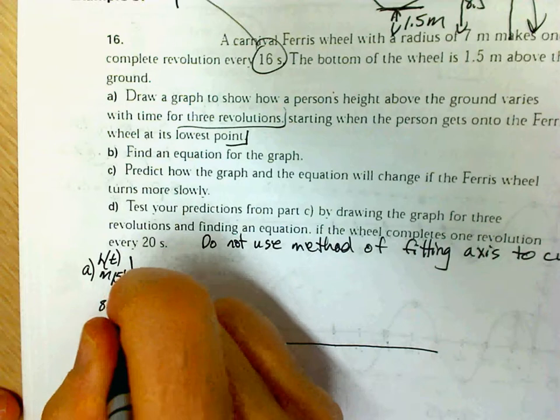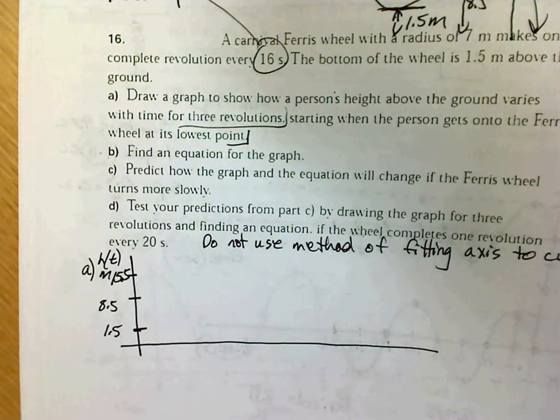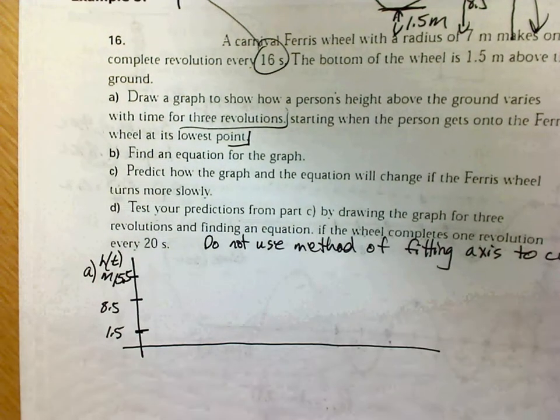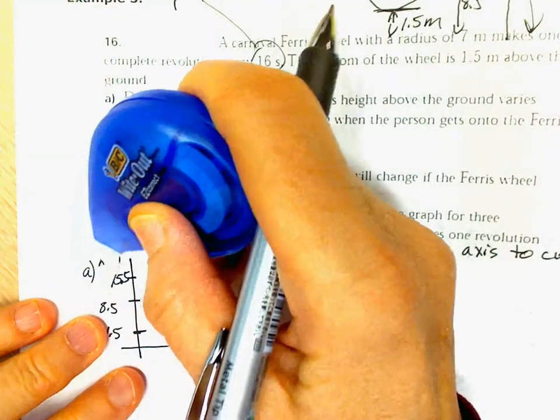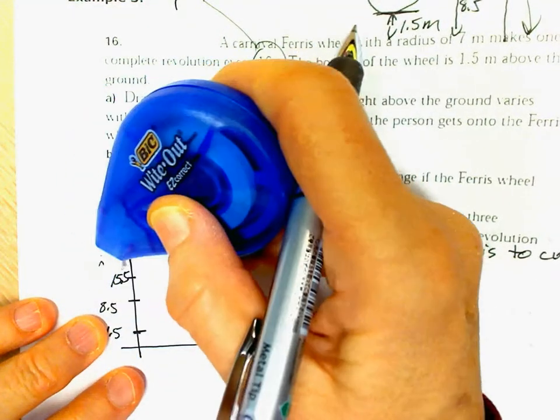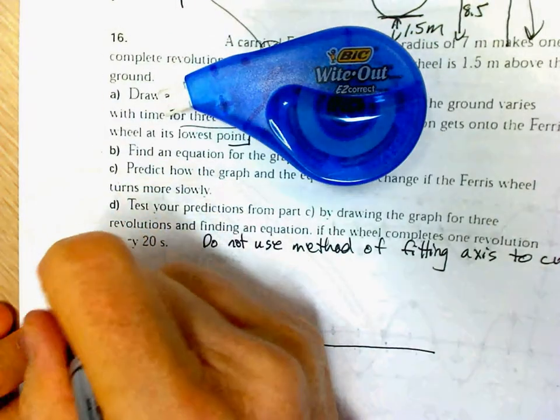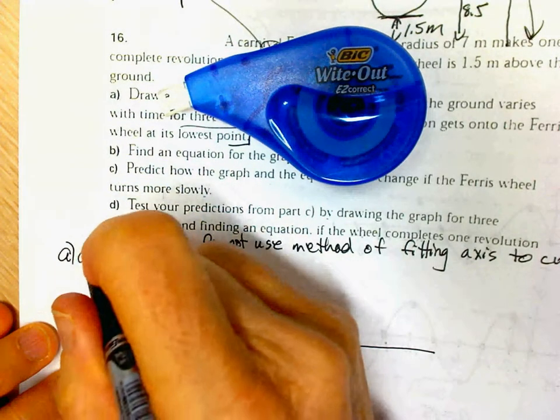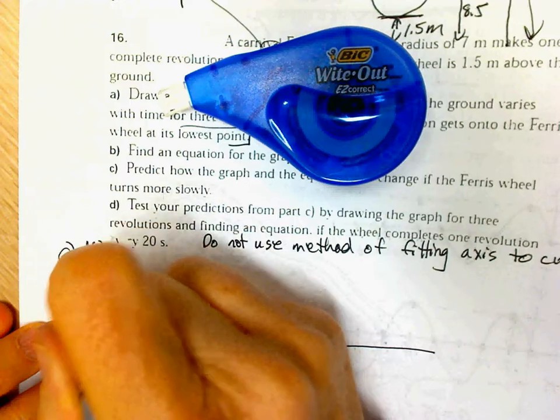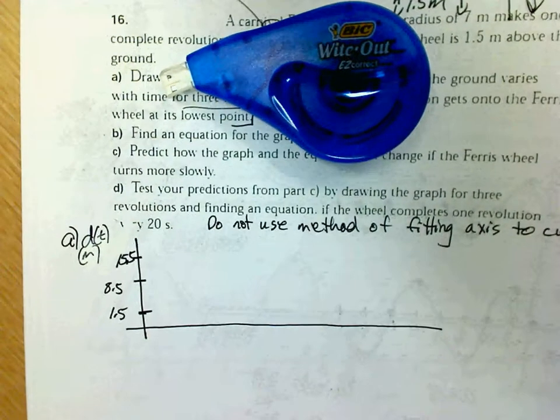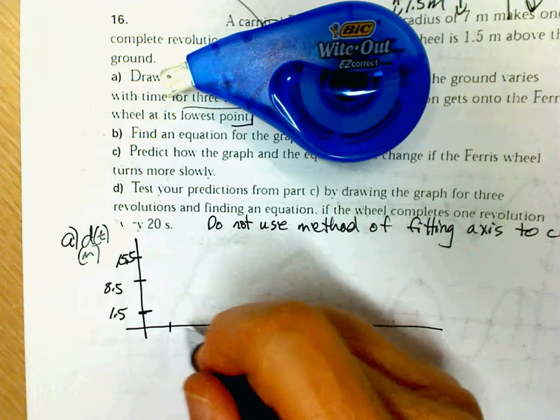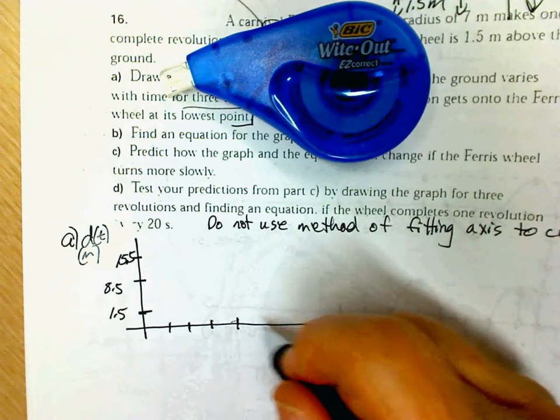Perhaps I can fix this a little bit, so 1, 2, 3, 4, 1, 2, 3, 4, 1, 2, 3, 4.